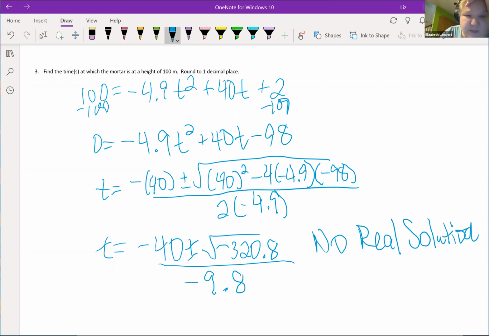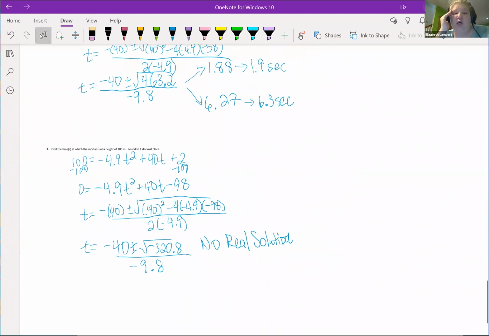All right, now let's think back. What were we even asked? Find the time at which the mortar is at a height of 100. I didn't get a time. So there must not be a time where this mortar would be at 100 meters. So it must mean it never actually gets there. That's what getting a complex i number means in the context of this problem.